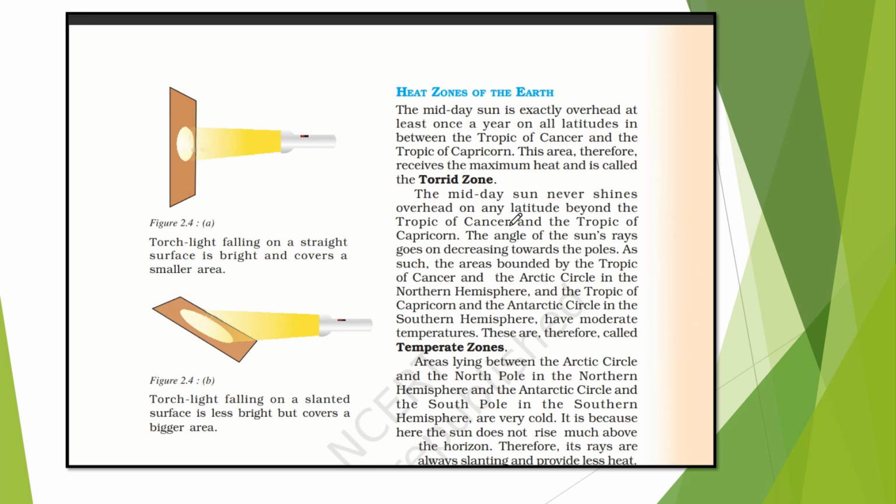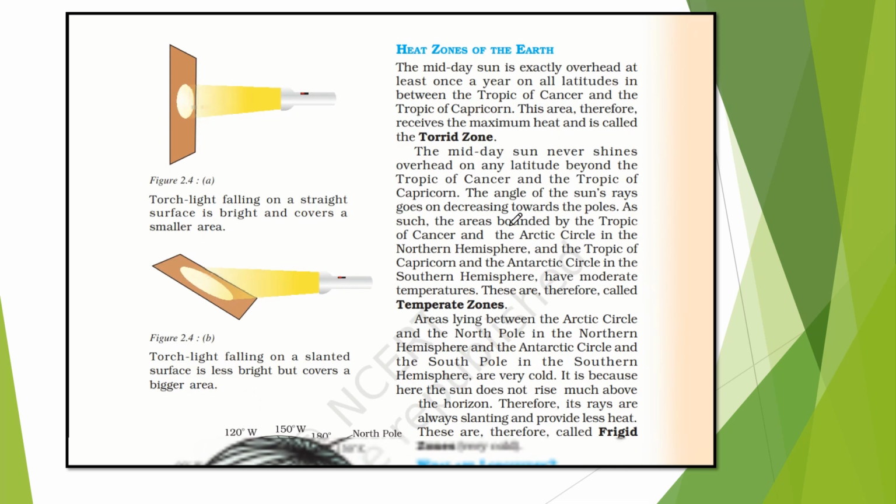So we have high temperature in the torrid zone, but moderate temperature in the temperate zones.